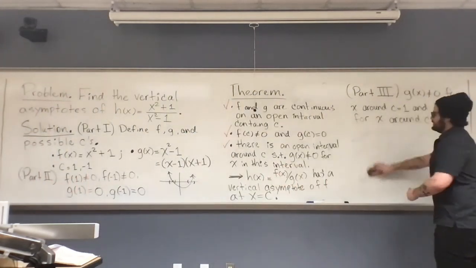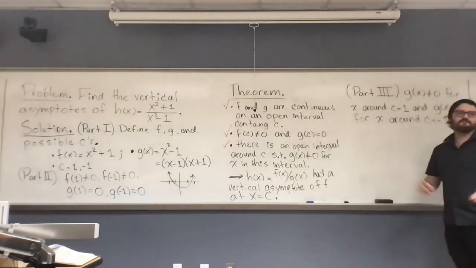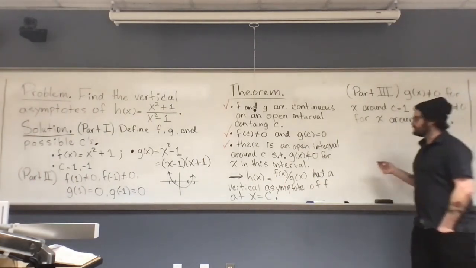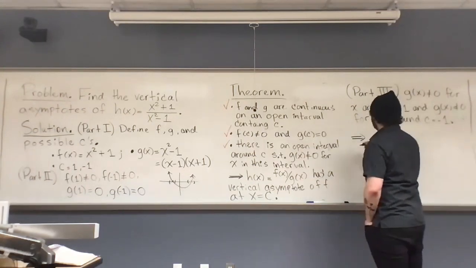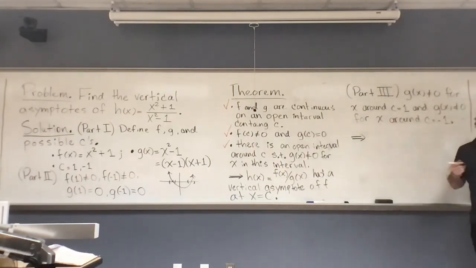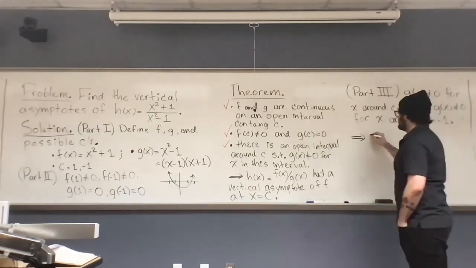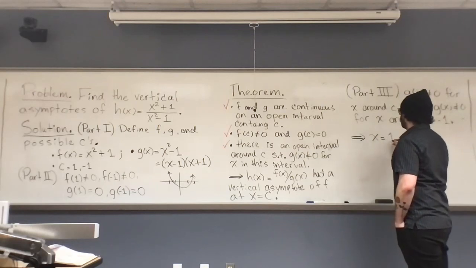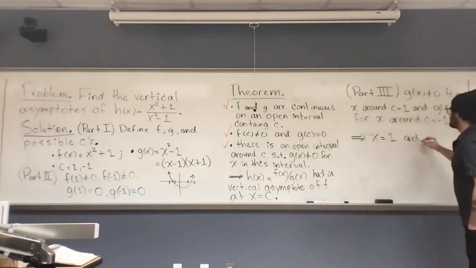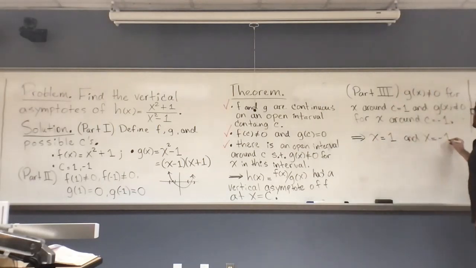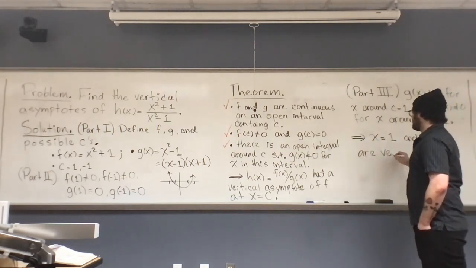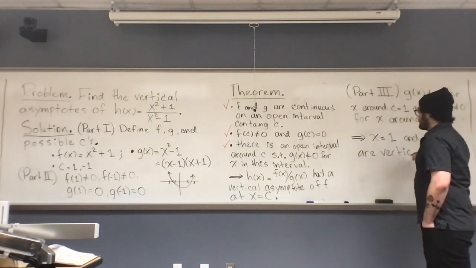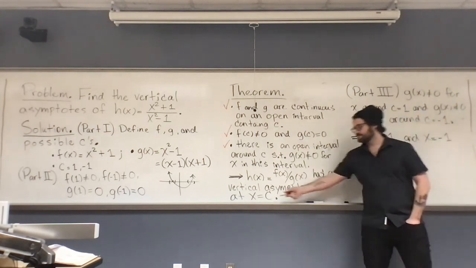Okay. And we're done. This theorem implies that both of these values of C are vertical asymptotes for H. Because that's what it tells us.